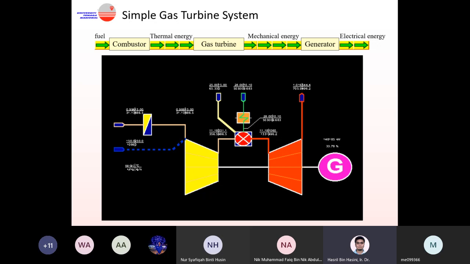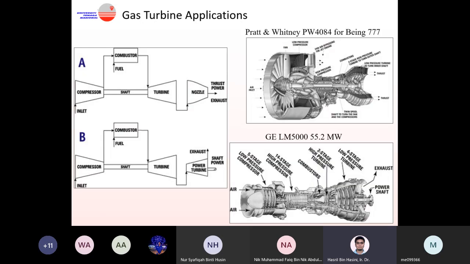Part of the work is used by the compressor, and the remaining work is used to drive the generator, producing the electricity. So that's how the conversion of energy takes place from the fresh air that comes into the compressor.